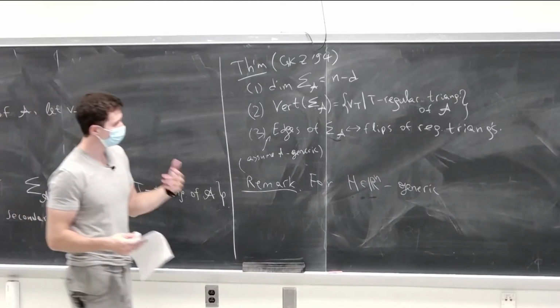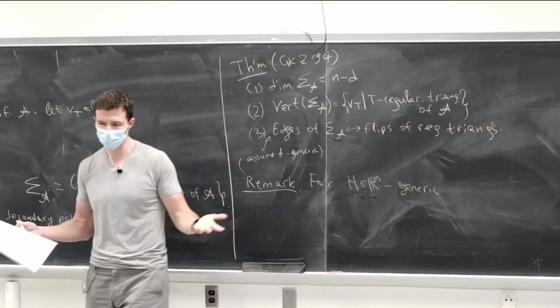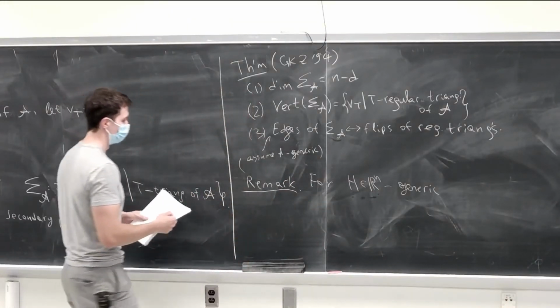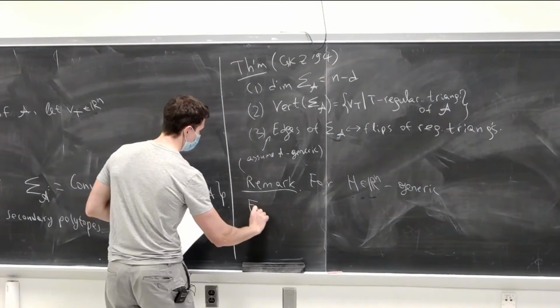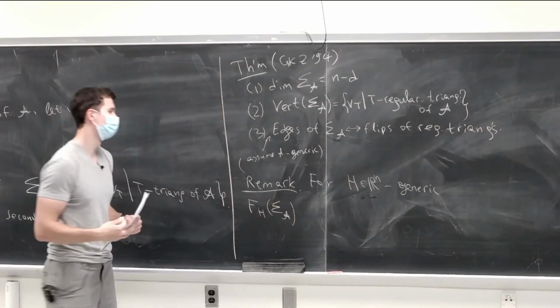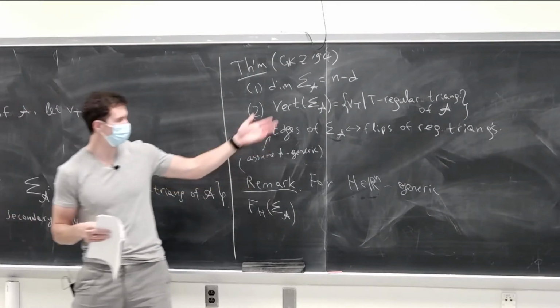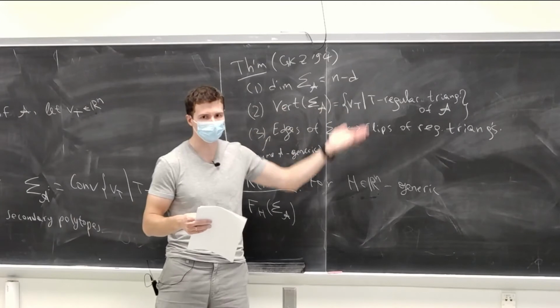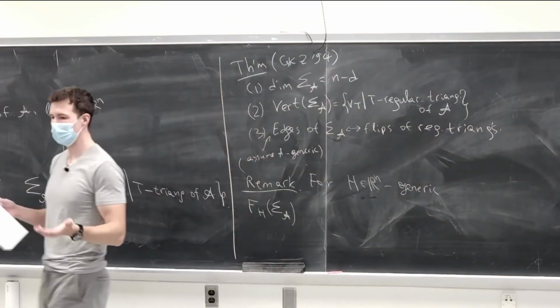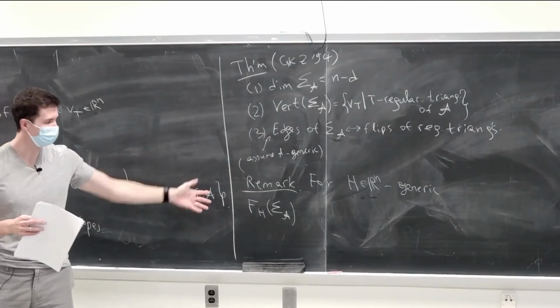So if I take a generic function on R^n, I can find the vertex F sub h of sigma A, which is going to be one of the vertices of your polytope. By this claim, it's one of the regular triangulations. The question is, which regular triangulation do you get this way?